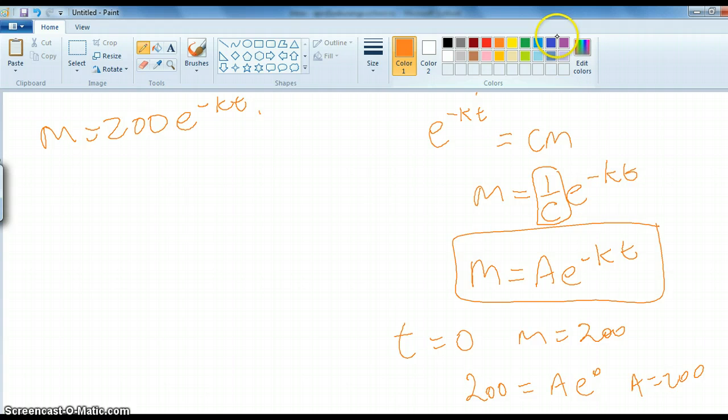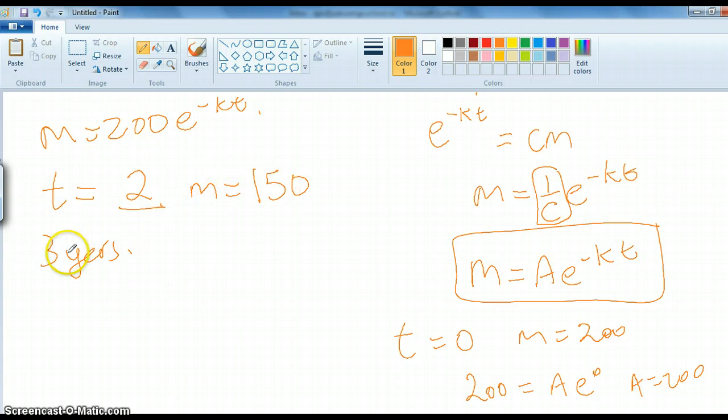Now when we go back to our question, we could see that when t equals 2 years, mass equals 150, and we're asked for 3 years.